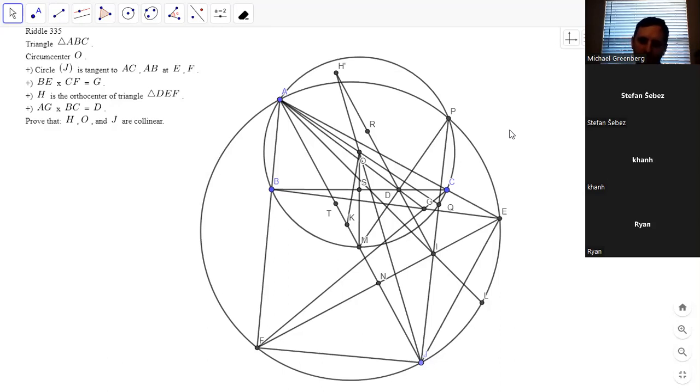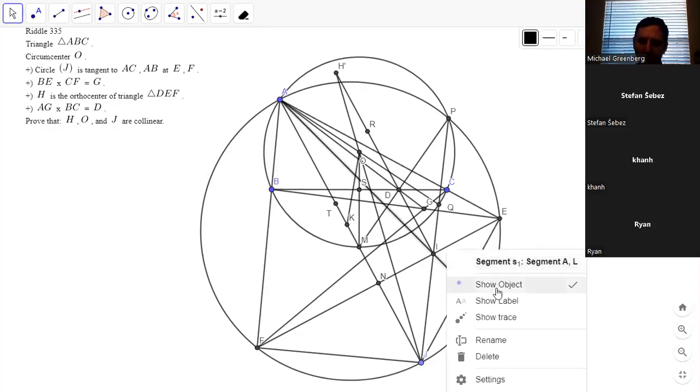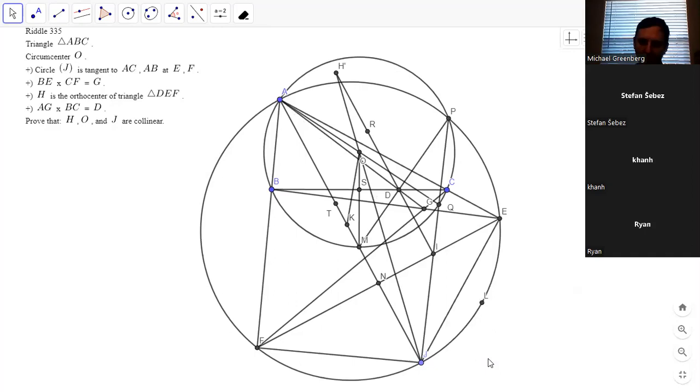Yeah, I kind of like that. So yeah, maybe we could take some stuff out of this picture. I'm going to get rid of point L. I like that idea, but yeah, I don't know how far that's going to go. So you get rid of that.